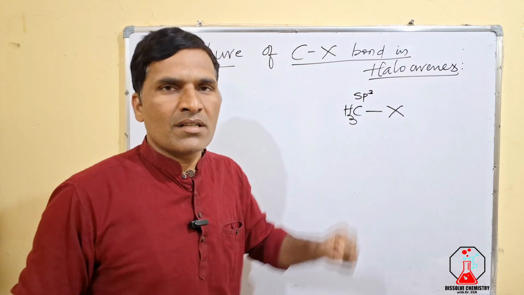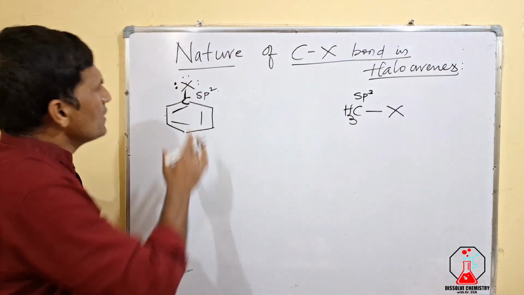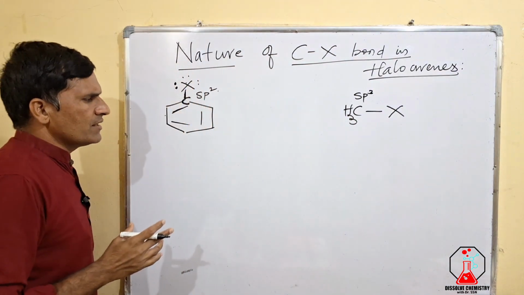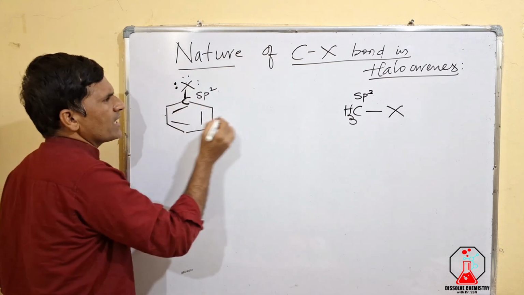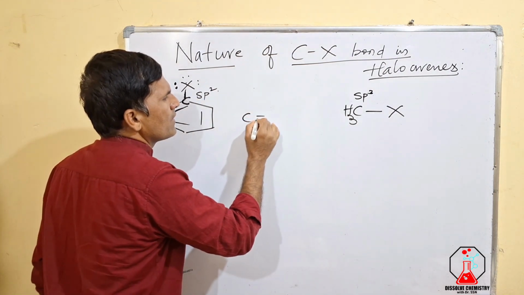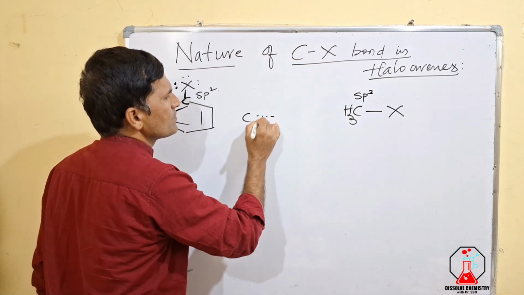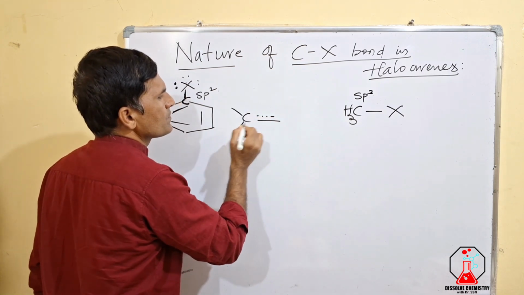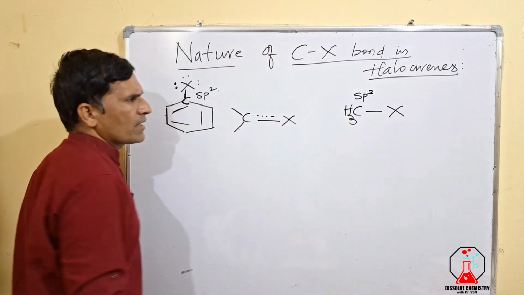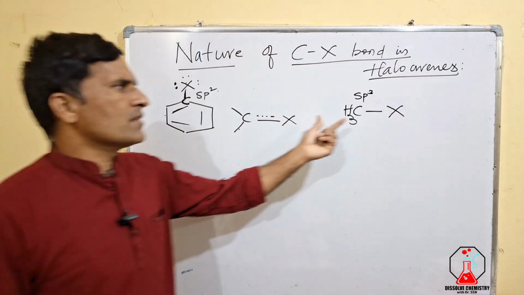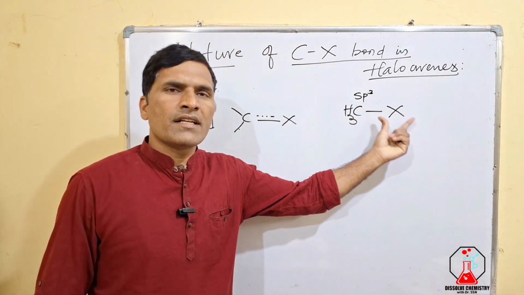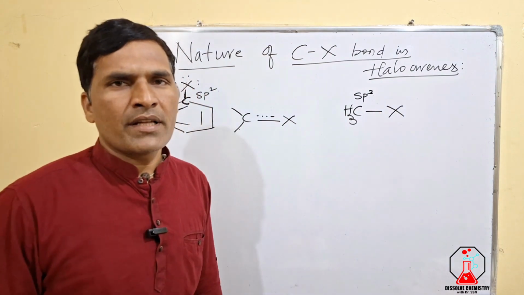There is no delocalization of the electrons. This makes a lot of difference: the C-X bond will acquire partial double bond character. Here it does not have such facility to form partial double bond character.